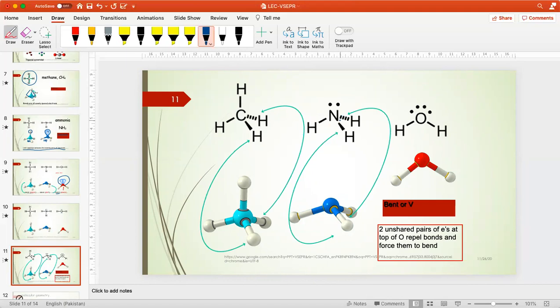अच्छा, अब आप इसमें आपके लिए दो चीजें आई हैं. एक आपके पास hash आई है, right? Hash. This is when the bonds are shown like this, hash, or when the bonds are shown like wedges. These are the two ways. Whenever these two ways are used to describe the structure, quickly आप understand कर लेंगे the 3D structure has been shown. ये 2D structure है, लेकिन ये अमोनिया का और मैथन का 3D structure है.